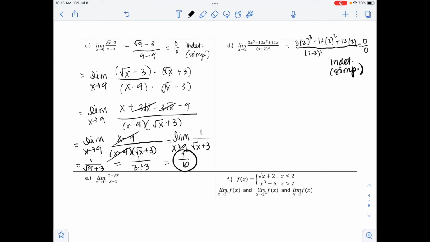So from here, write the limit as x approaches 2. The denominator is already factored as x minus 2 squared, but in the numerator I can factor out a GCF first. That GCF would be 3x. We'd be left over with x squared minus 4x plus 4. From here we can still factor that numerator.